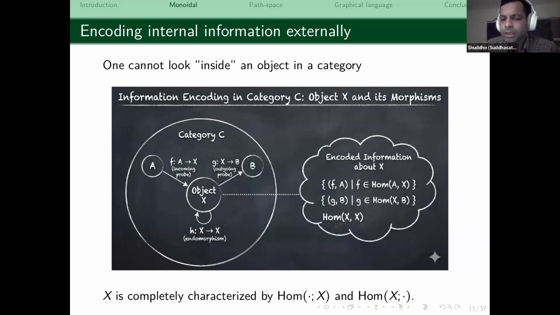This is known as the famous Yoneda embedding theorem: given any object X, it is completely characterized by the incoming arrows or equivalently by the outgoing arrows. This is the collection of incoming or outgoing arrows. These are known as the collection of homomorphisms, or the hom set, in short, Hom.